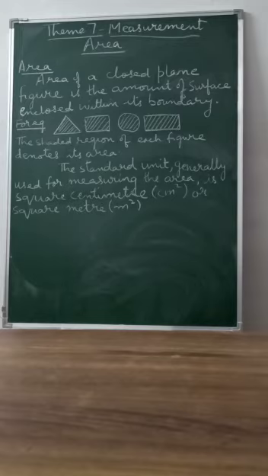We will always write the short form of square centimeter and square meter, which is centimeter square and meter square. जब हम लोग उसको स्पेलिंग में लिखेंगे तो उसको स्क्वायर सेंटीमीटर लिखेंगे, पर जब उसको शॉर्ट फॉर्म में लिखेंगे तो उसको हम लोग बोलेंगे सेंटीमीटर स्क्वायर. ओके, सेम वे मीटर स्क्वायर को जब स्पेलिंग में लिखेंगे तो हम लोग उसको बोलेंगे स्क्वायर मीटर. ओके, बट जब शॉर्ट फॉर्म में लिखेंगे तो उसको पढ़ेंगे मीटर स्क्वायर. Okay, I hope this unit of area is clear to you.